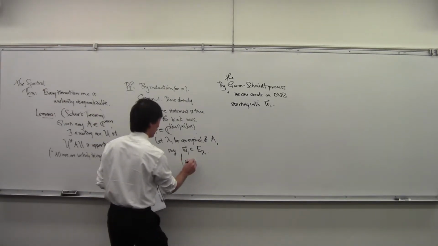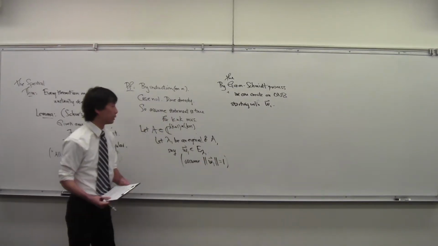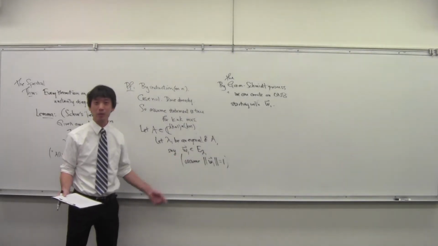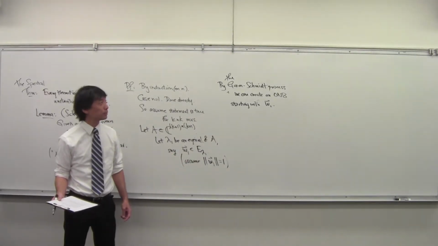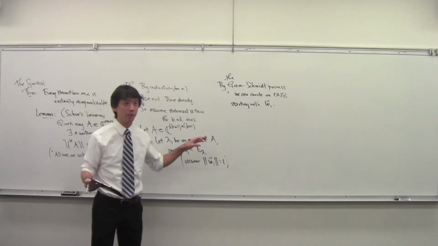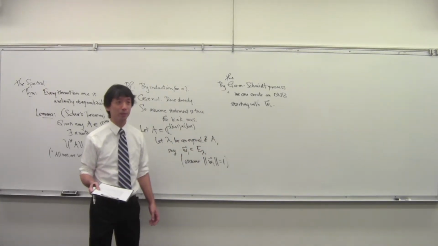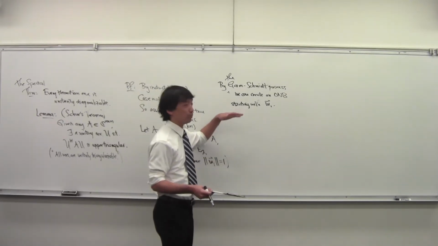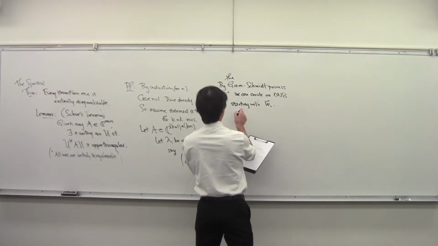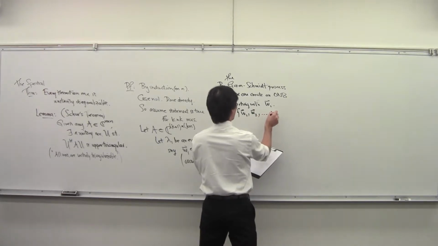Assume that w1 is norm 1, because we want to make an orthonormal basis, so just normalize it. You remember the Gram-Schmidt process: you have a basis, and then you can change it into an orthonormal basis. Let's call this orthonormal basis w1, w2 to w_{k+1}.